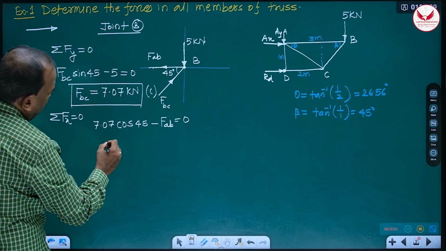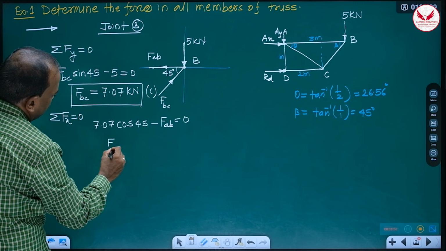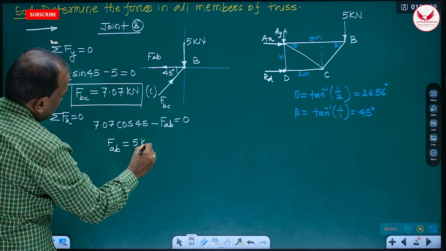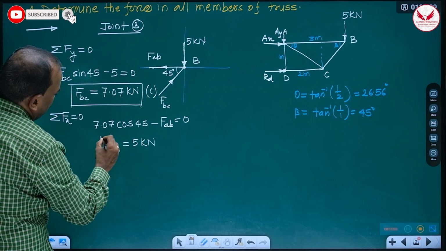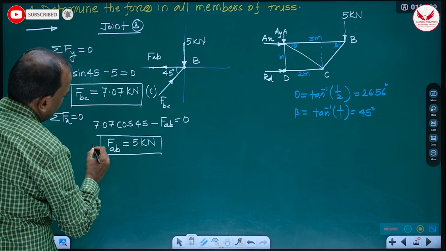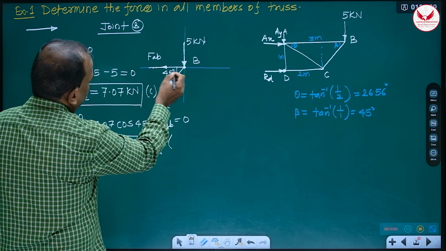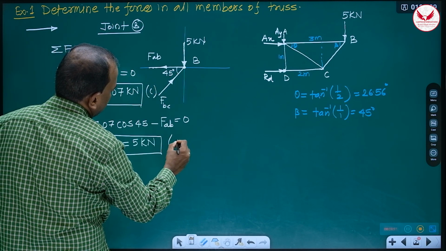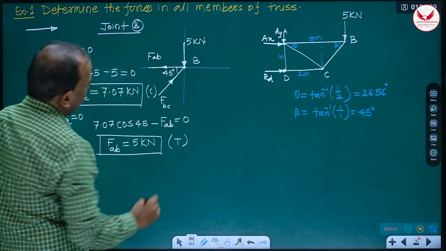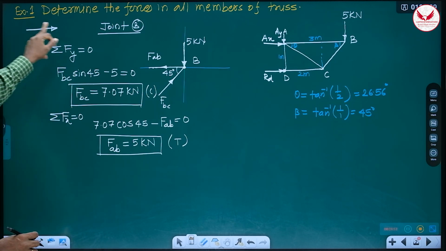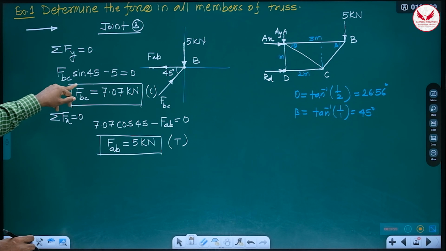That means FAB is again 5 kilonewton. This is also positive, which means it is away from the joint. It is tensile. So with one joint we always get two answers, forces in two members.